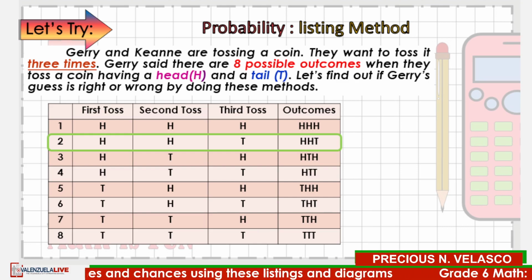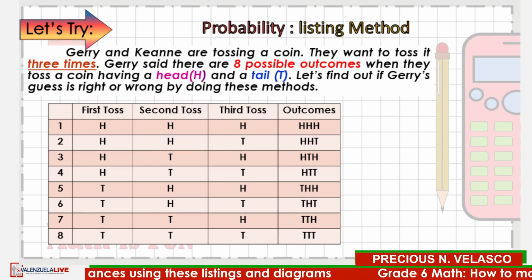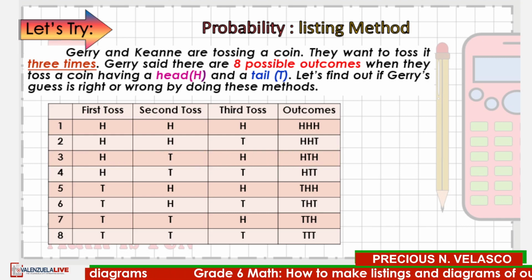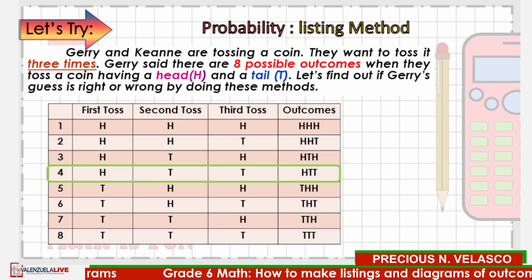So the outcome is head, head, tail. For the third one, we have head, tail, and another head. For the fourth one, we have head, tail, and then tail.